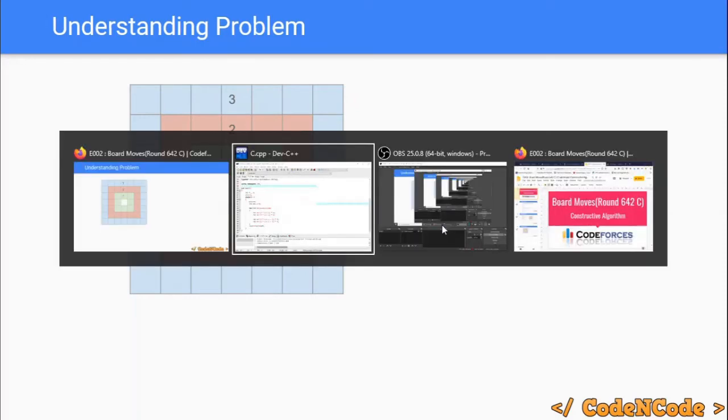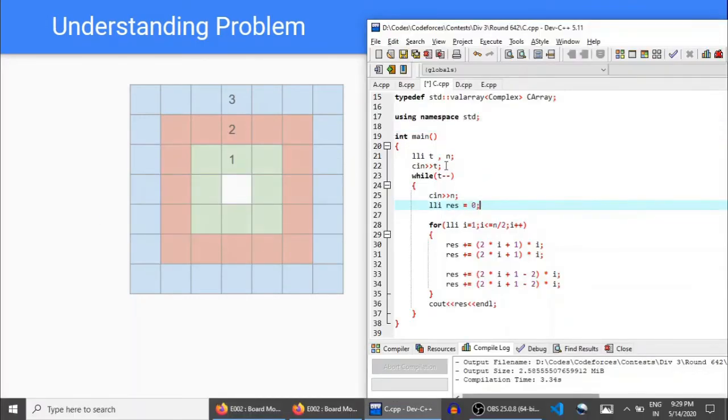Now the solution. If I show you the code, we are reading t, the test cases, and then n, the number of cells, and then we are initializing the result to be 0. LLI is long int. Then we are running a loop from 1 to n by 2, because for a given n there are going to be n by 2 zones.